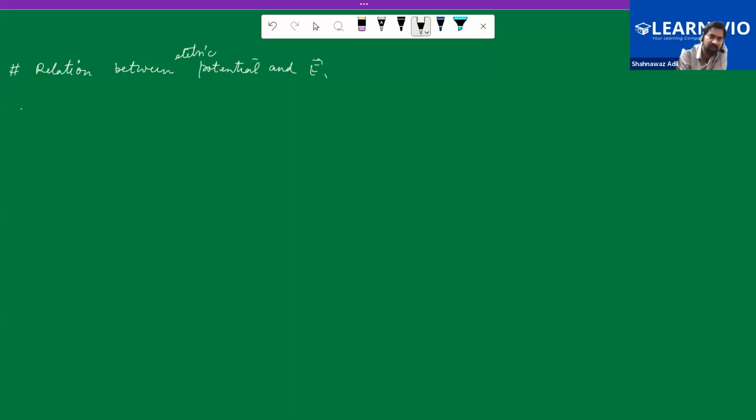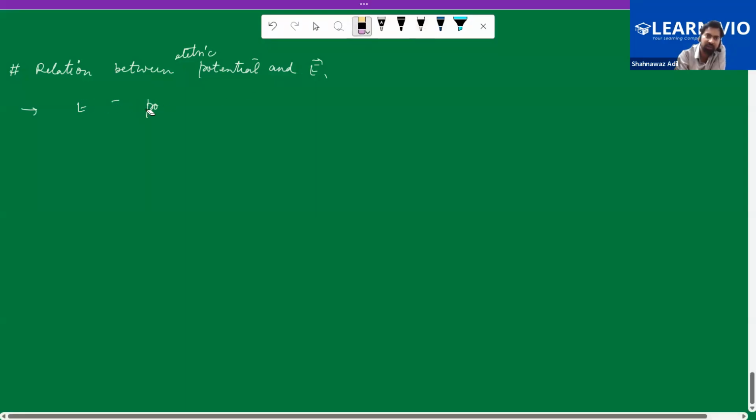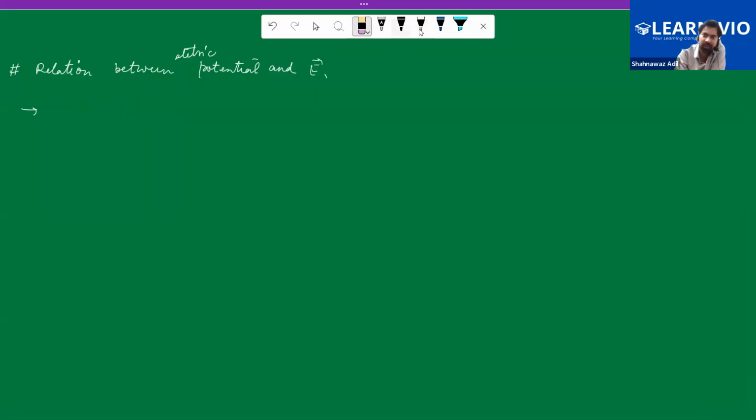So let me write this thing. The electric field is called the gradient of potential.